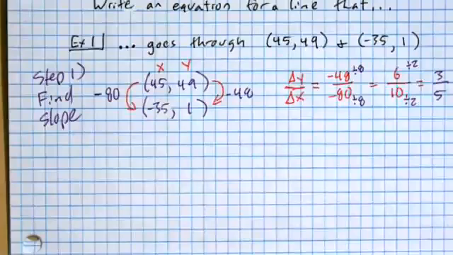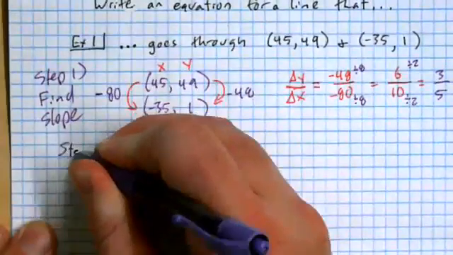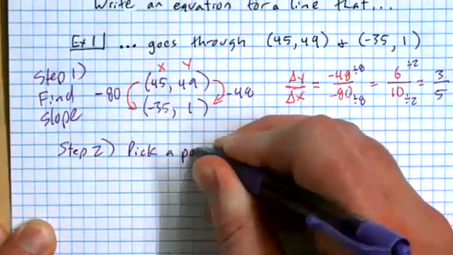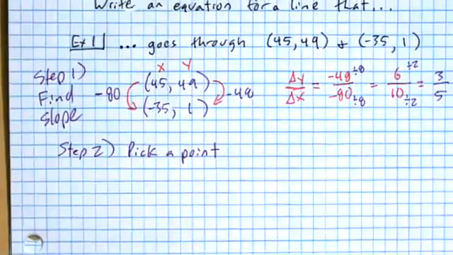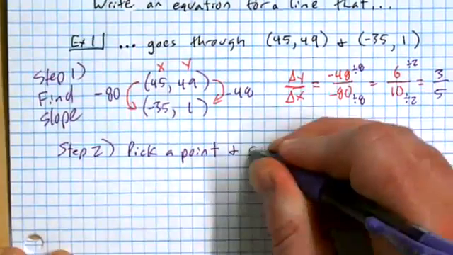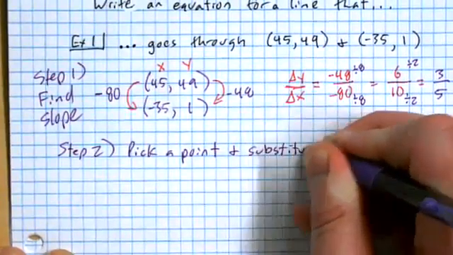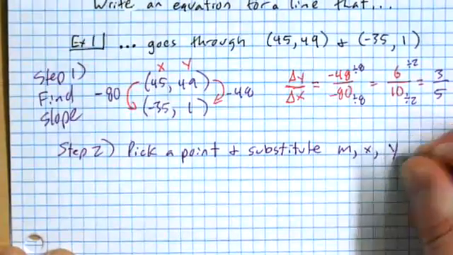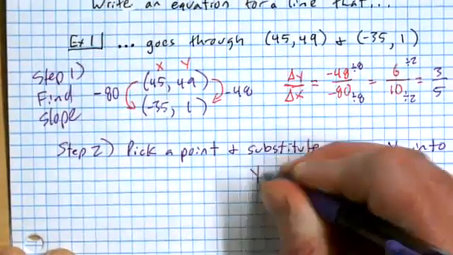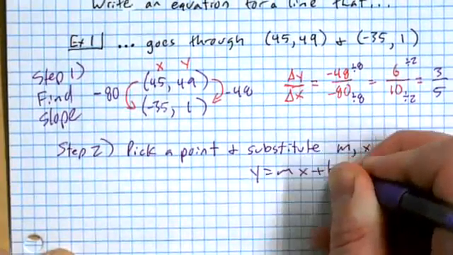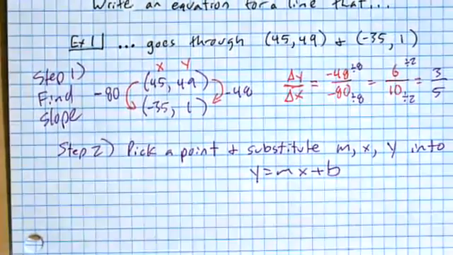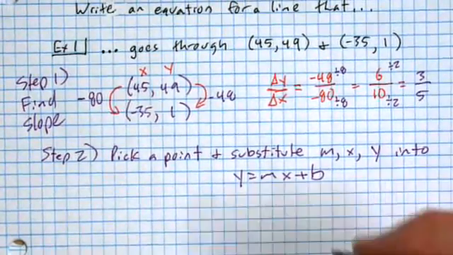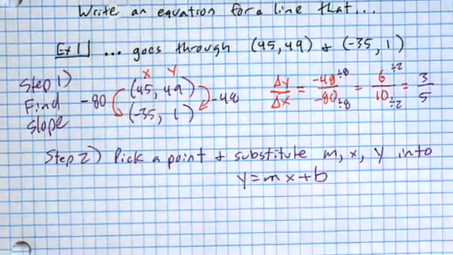So step 2, let's write out our step first this time. Step 2 is pick a point. We have 2 to choose from. Pick a point and substitute m, x, and y into y equals mx plus b.